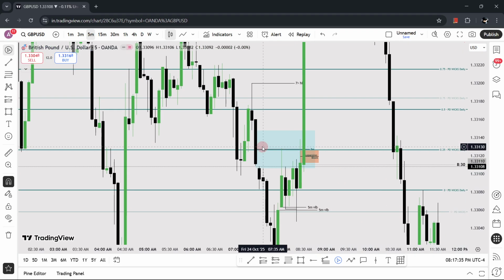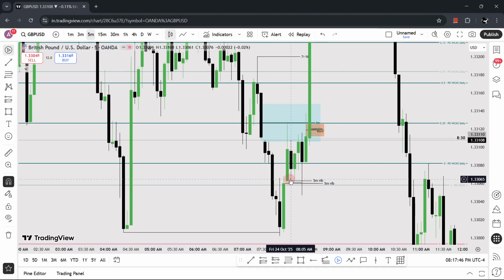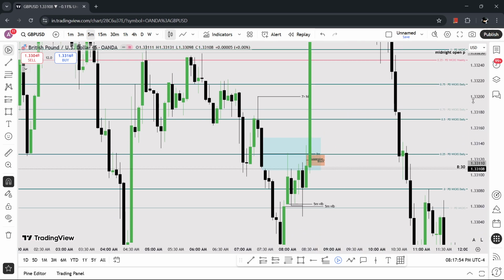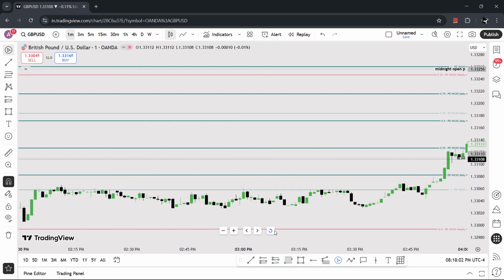And there is one more fair value gap plus this one here, but I'm not seeing any good reaction. And there we have one 5 minute VIB, so we'll look into that in a minute. These are the things that I want to show you. So going to the 1 minute chart.